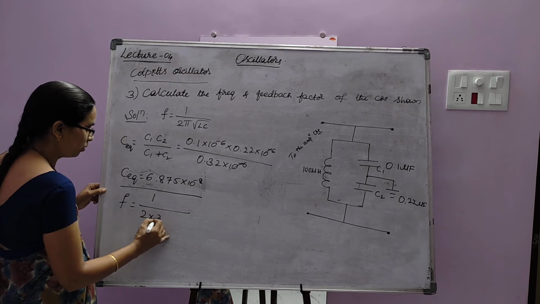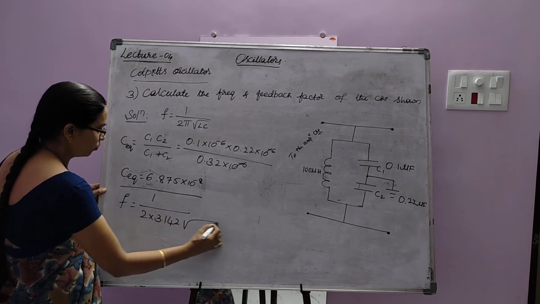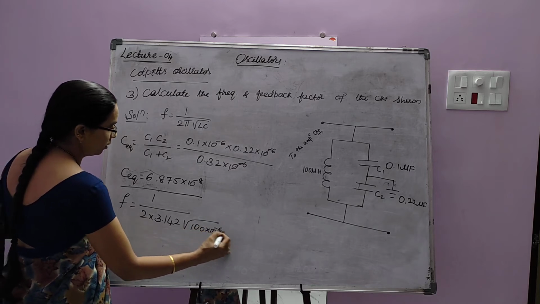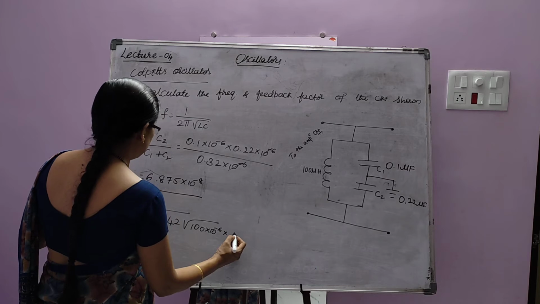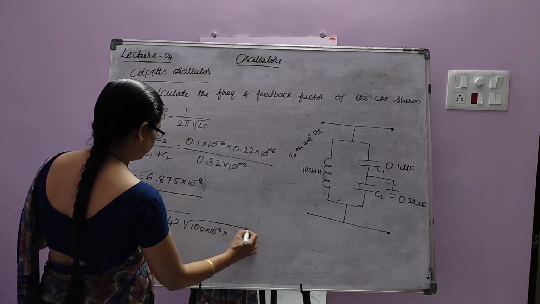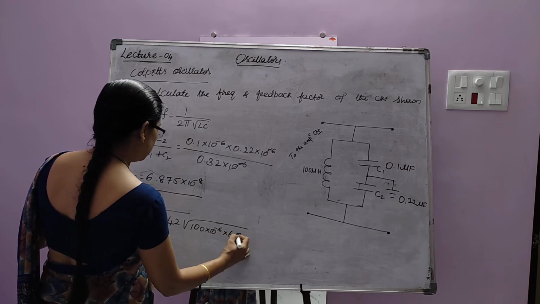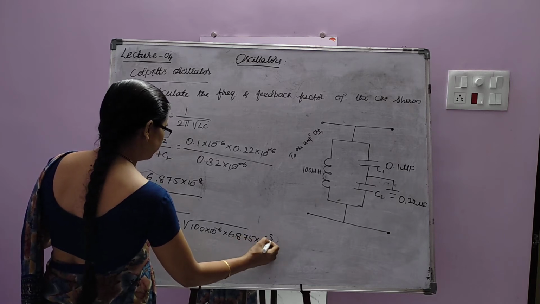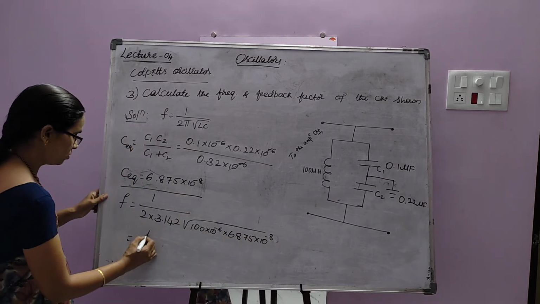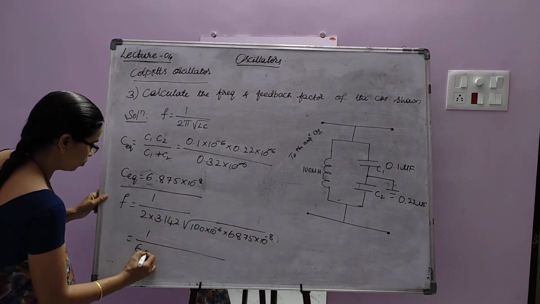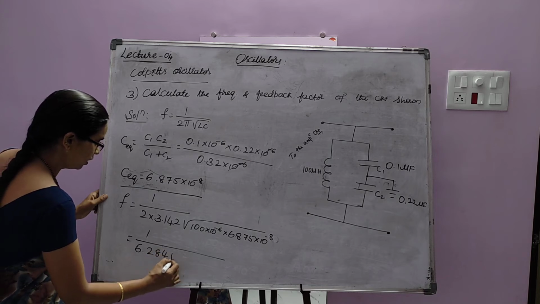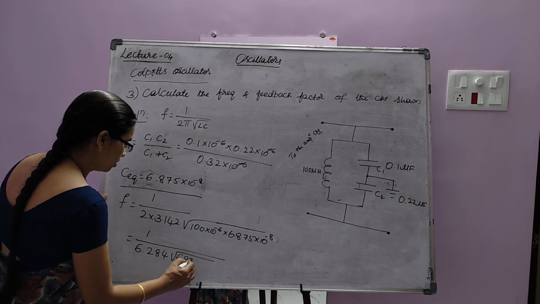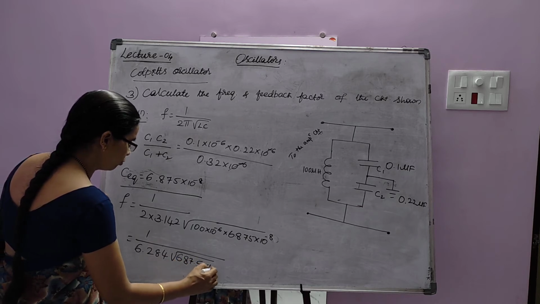2 into pi is 3.142 into root of L is 100 microhenry and C is 6.875 into 10 to the power of minus 8. 6.284 into 100 into 687.5 into 10 to the power of minus 14.